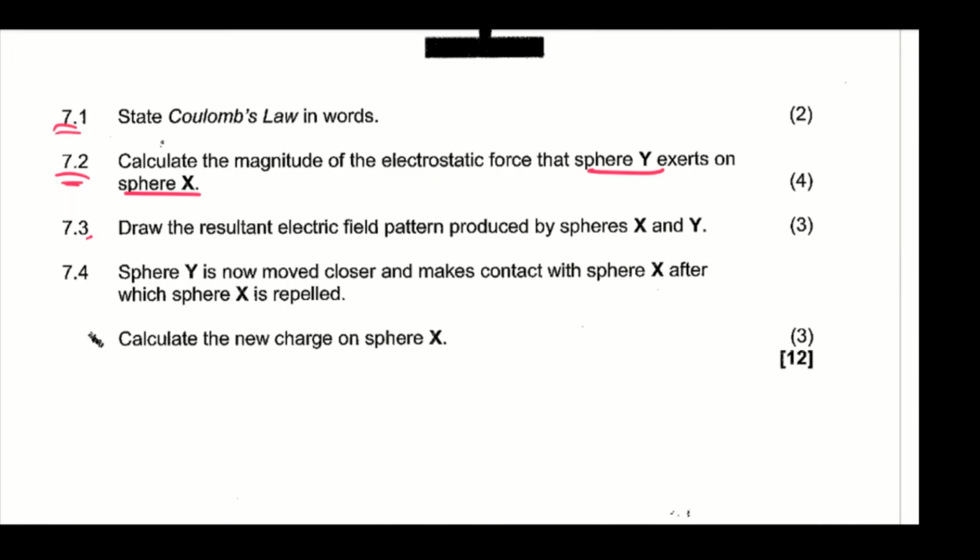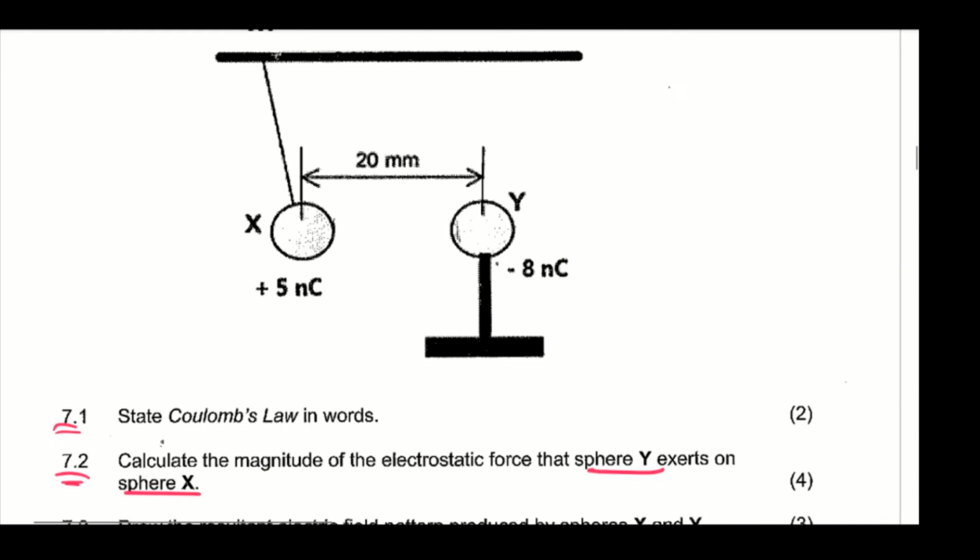So now we're going to do 7.3, which says that we must draw the resultant electric field pattern produced by sphere X and Y, right? We know that sphere X is positive, it's positive 5 nanocoulombs, and sphere Y is negative 8 nanocoulombs, and the field direction is from positive to negative.